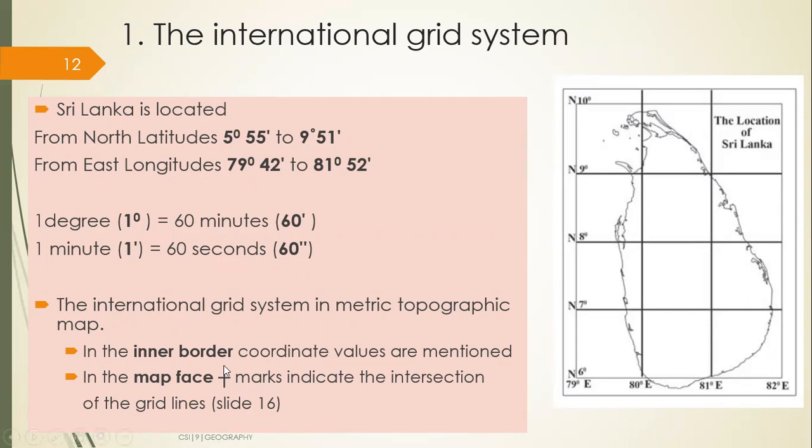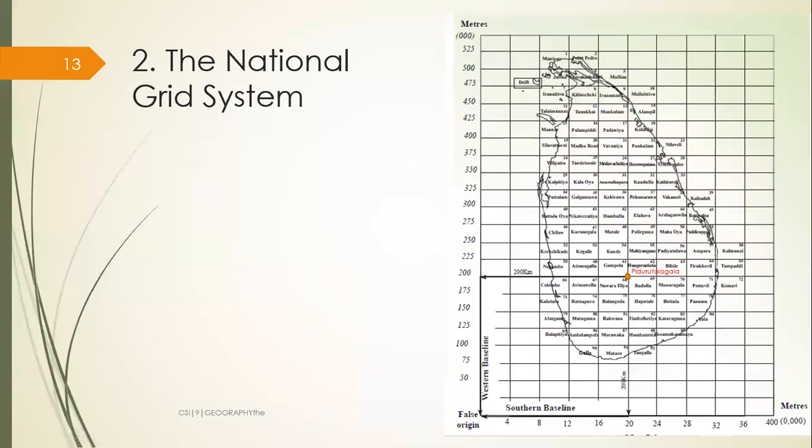Then the map face. In the map face, you will find this plus mark that indicate the intersection of the grid lines. Right. And this is the national grid system.